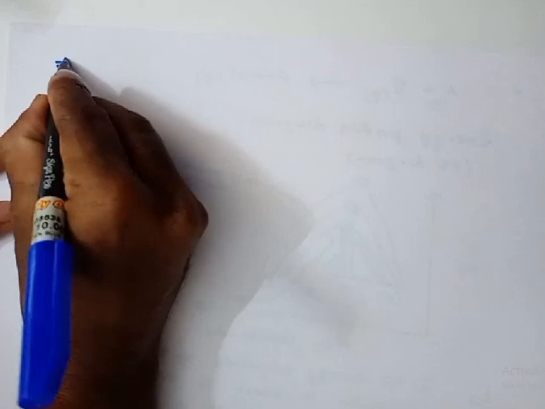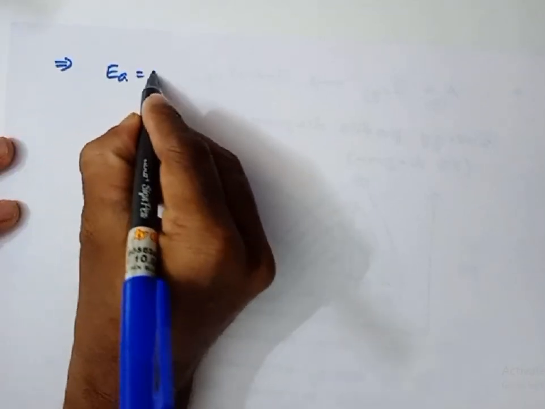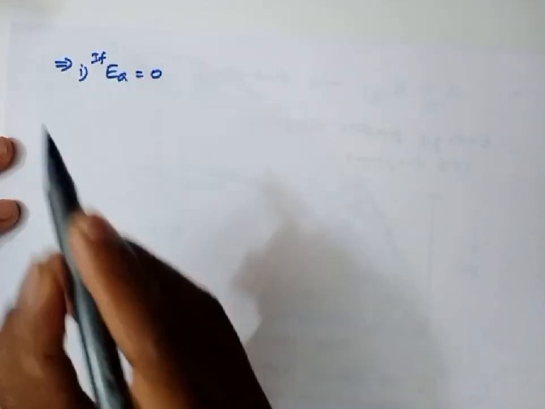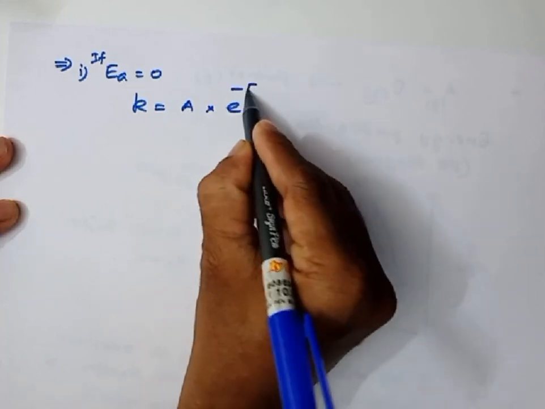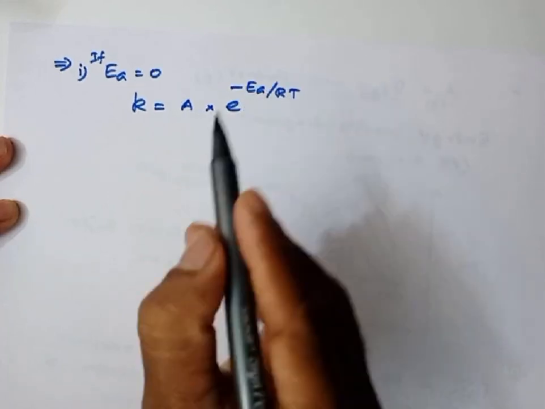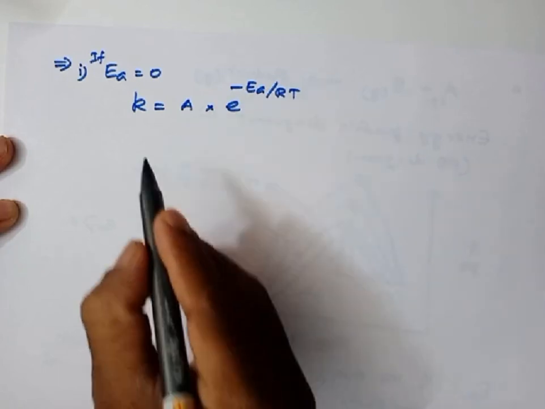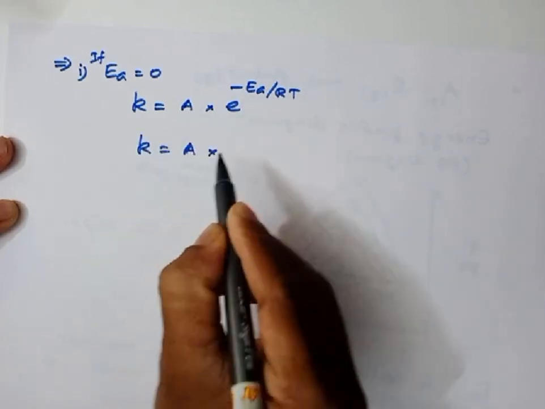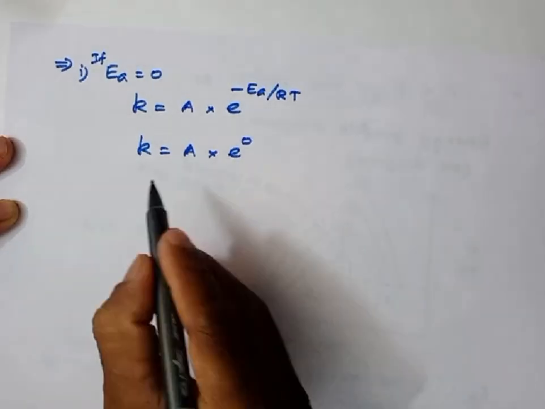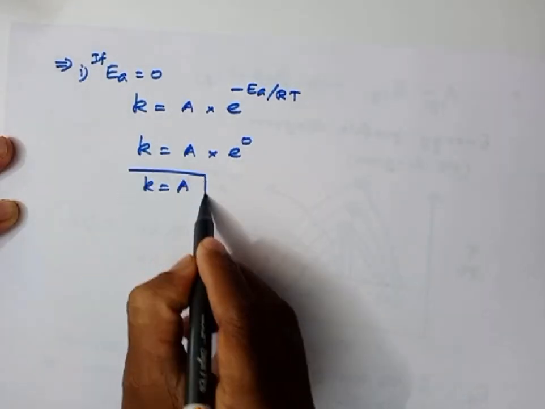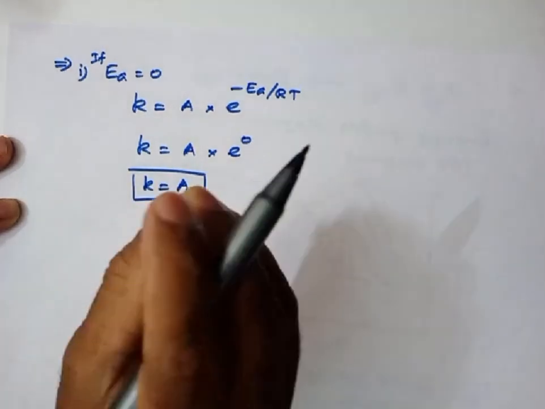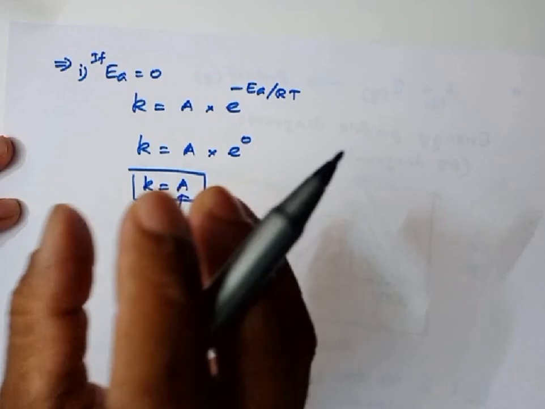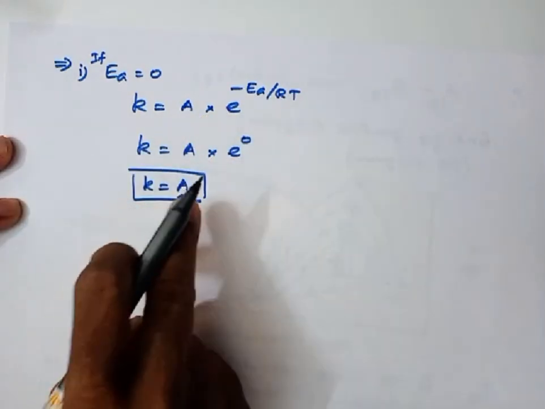Then the next important point: what happens if activation energy is 0? If EA equals 0, what will happen? You know very well, rate constant k equals A into e power minus EA by RT. If activation energy is 0, then k becomes A into e power 0. e power 0 is 1, so k is equal to A. If the A term takes care of the number of collisions, then what does it indicate?